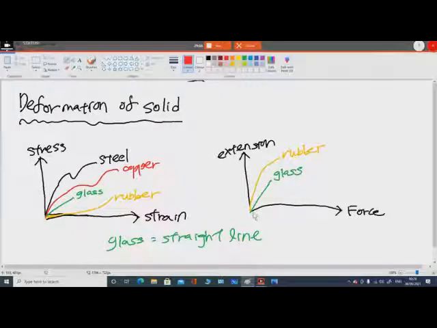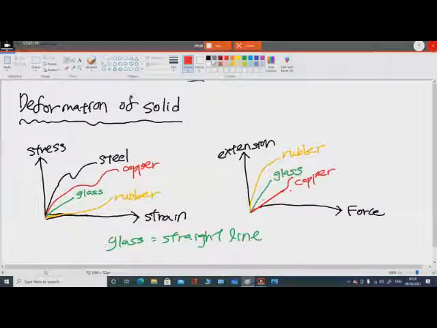The graph we get for copper is a straight line first. After the straight line there is a curve here, and this is copper.